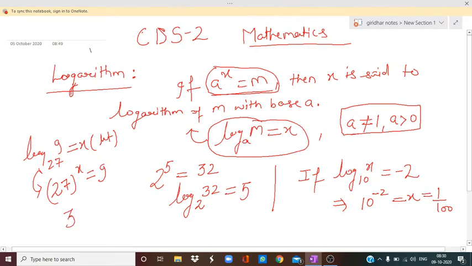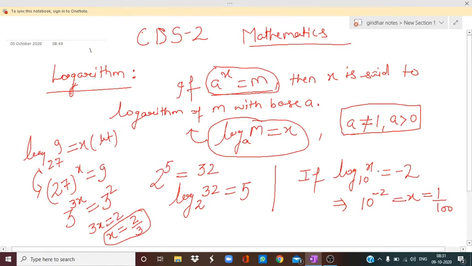Now you can write 27 as 3 to the power 3, and 9 is 3 squared. Now we can write 3x equals 2, because the base is the same, we equate the powers, therefore x equals 2 by 3. So this is the advantage of knowing the definition, correct?